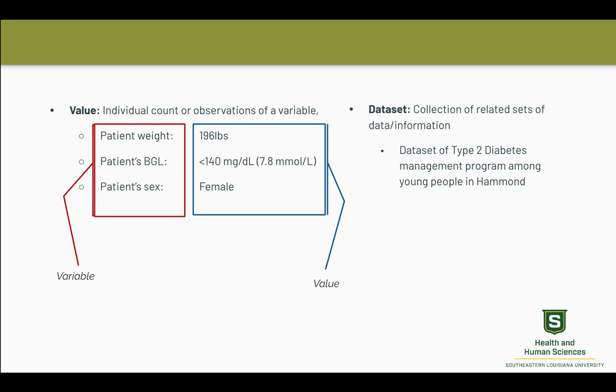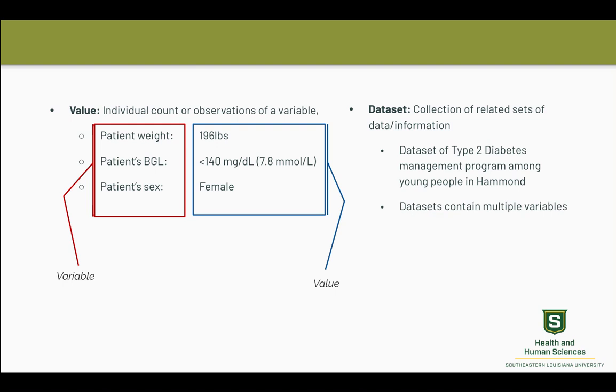If you say data set, it doesn't mean that it's only related to diabetes management. It's just a way of helping someone understand that the information in there is related. So it's a collection of related data and information.